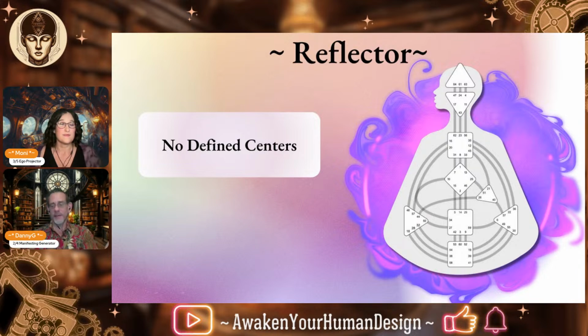The one thing to point out about this is, A, there is no definition, so no one life force. And B, they are a lunar being, and the rest of us are solar beings. Not that we're any different in our blood type per se. I'm just saying we do follow the sun as it relates to reading our chart. When you read a reflector chart, you have to follow that lunar cycle to get them to fully understand what's the scoop.